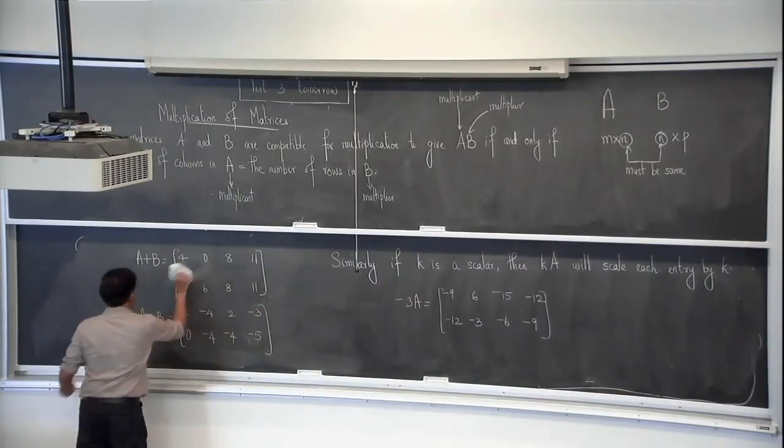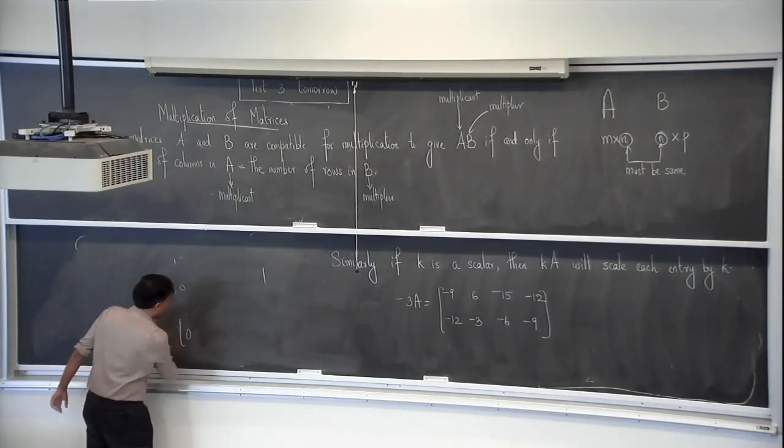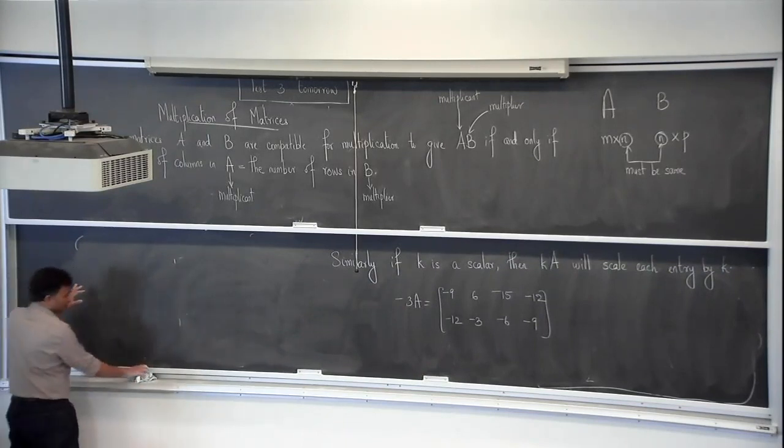And the way two matrices multiply is a row versus column operation. It's not corresponding elements multiplying each other. I wish that was the case. It's not.